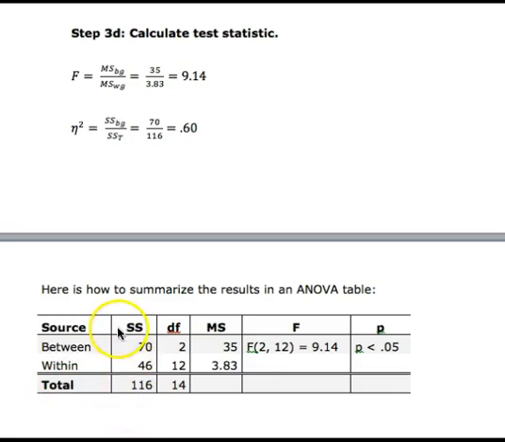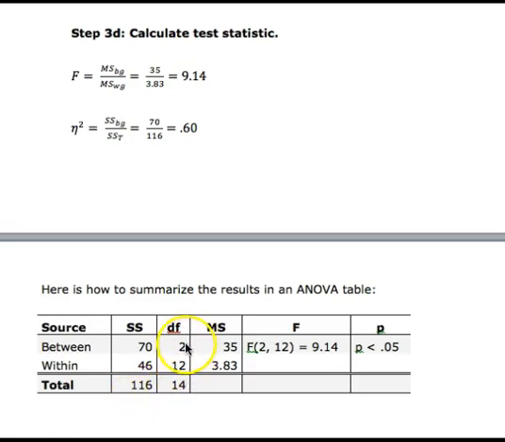Here's the sum of squares, here's the degrees of freedom, here's the variance or the mean squared, the F statistic, and the P, right? So we just plug in sum of squares between, which was 70, sum of squares within, which was 46, and sum of squares total, which was 116. When you add 70 and 46, it should equal 116.